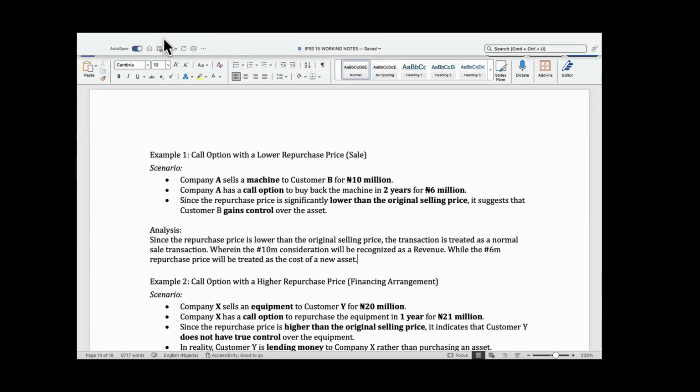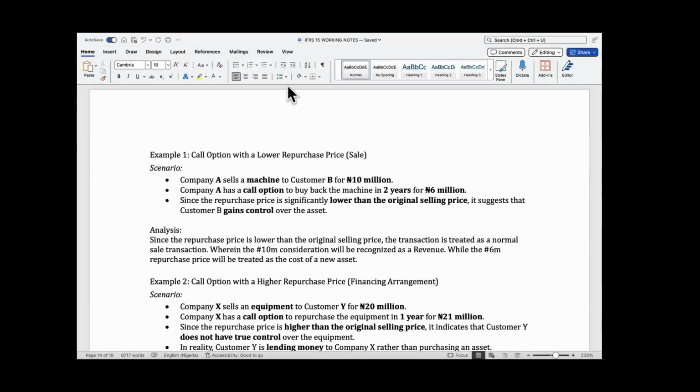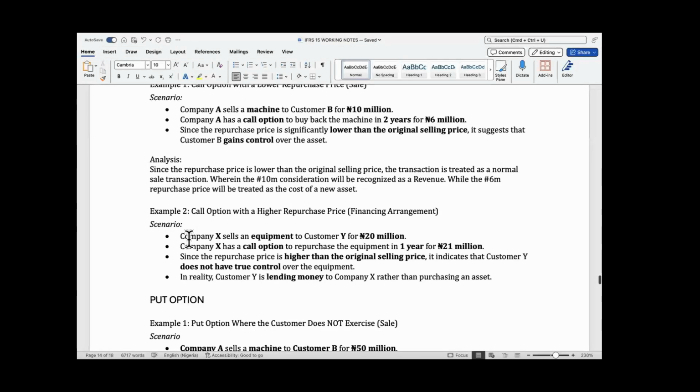Another scenario is where company X sells an equipment to customer Y for 20 million, and company X has a call option to repurchase the equipment in 1 year for 21 million. Since the repurchase price is higher than the original selling price, it indicates that customer Y does not have true control over the equipment.